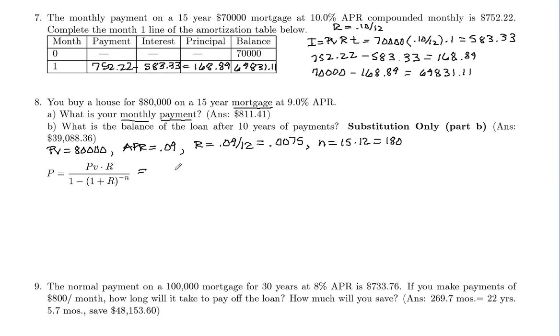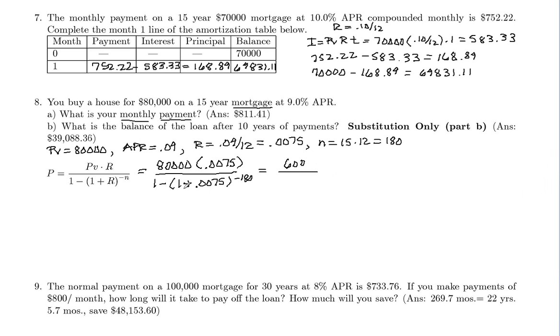So now we're ready to do our plug-ins. PV up on top, 80,000, and then our R, 0.0075. And then downstairs, 1 minus, 1 plus R, which is 0.0075, and that gets a negative N power, so it's negative 180. If you do this multiplication on top, you get an even 600. Oops, not 6,000.